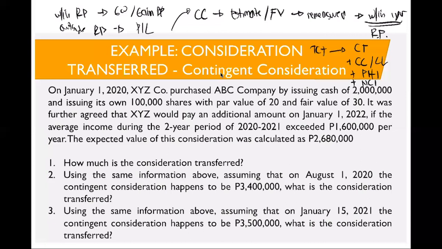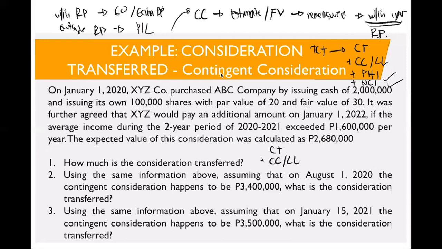So if we talk about your consideration transferred, take note, it is part of your consideration transferred: asset, liability, or equity. We add your contingent consideration or contingent liability, including PHI and NCI.